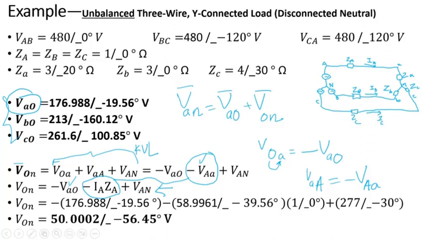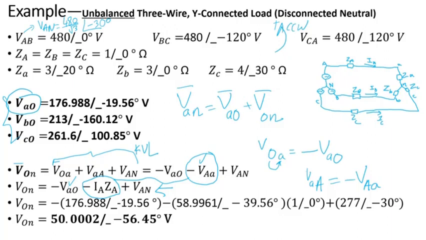And I know VAN, which is just the source voltage, which is basically 480 volts divided by root 3. But the line to neutral will be lagging the line-to-line voltage by 30 degrees. So that's why I include a negative sign, because we're assuming positive sequence and counterclockwise rotation.